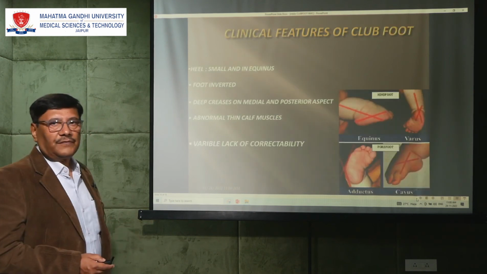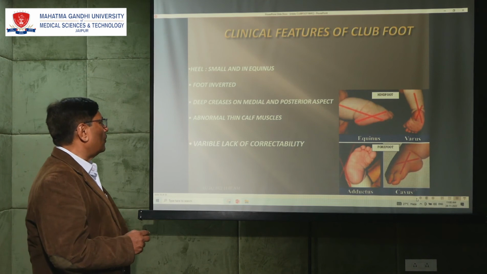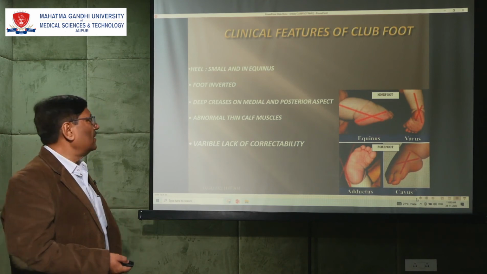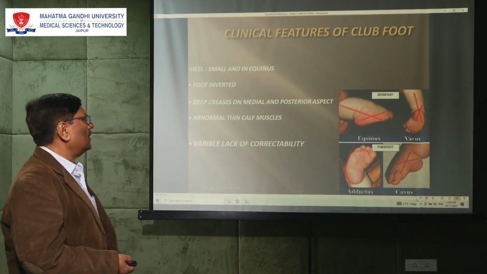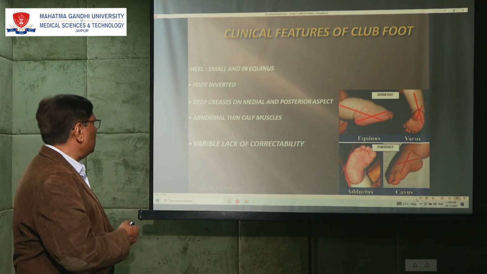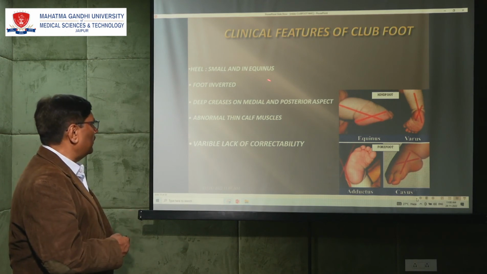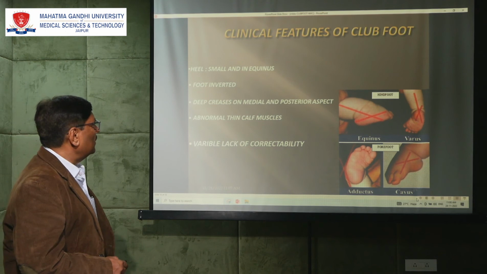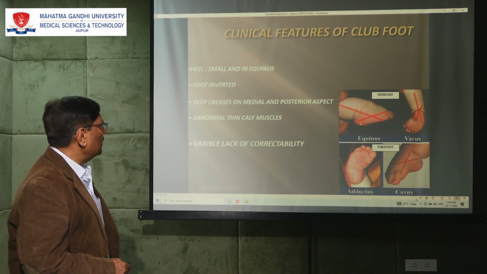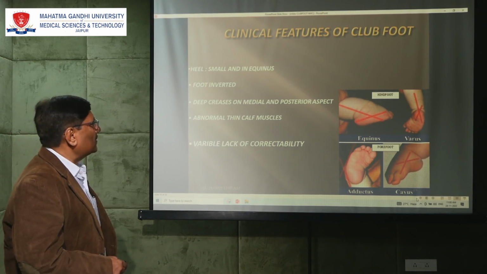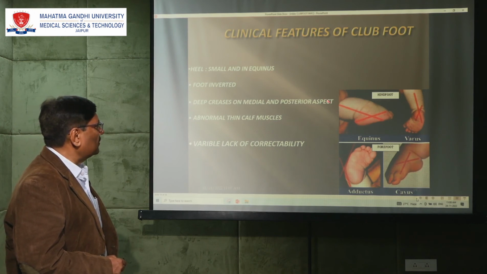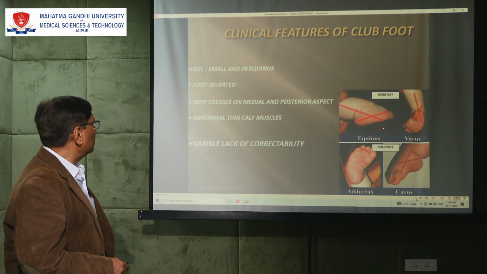Now coming to the clinical features. As such, the foot of the newborn, the affected side, appears small. Besides this, the heel is small and in equinus. If we look at the heel over here and compare it with the normal side, this will appear small and into equinus. This is the leg and the foot is in the equinus.